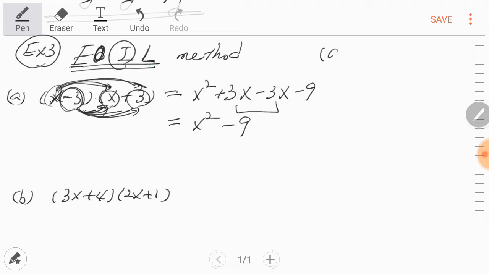Now there are two terms over here, and there is another term. Then what we do is multiply each term in one parenthesis by each term in the other parenthesis, like this. So I will use this a to multiply these two, and multiply these terms by this again, like this.